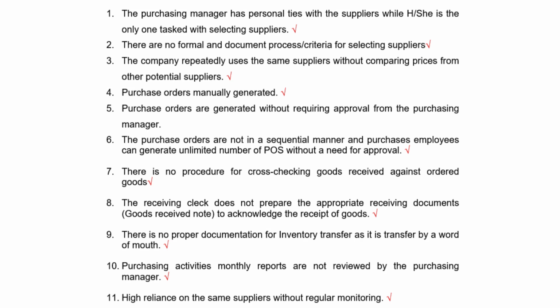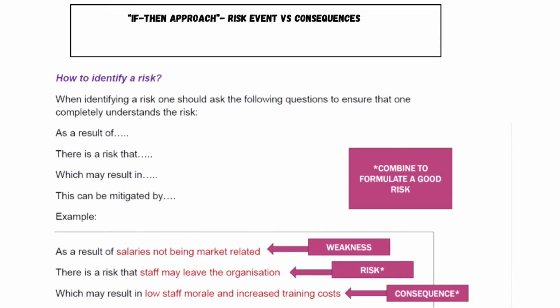And I want you to remember that to write a risk, you use what we call an if-then approach, meaning that as a result of these weaknesses not being closed or fixed, there is a risk that something could go wrong. The reason we call it the if-then approach is that there needs to be the risk event and the consequences of that event.